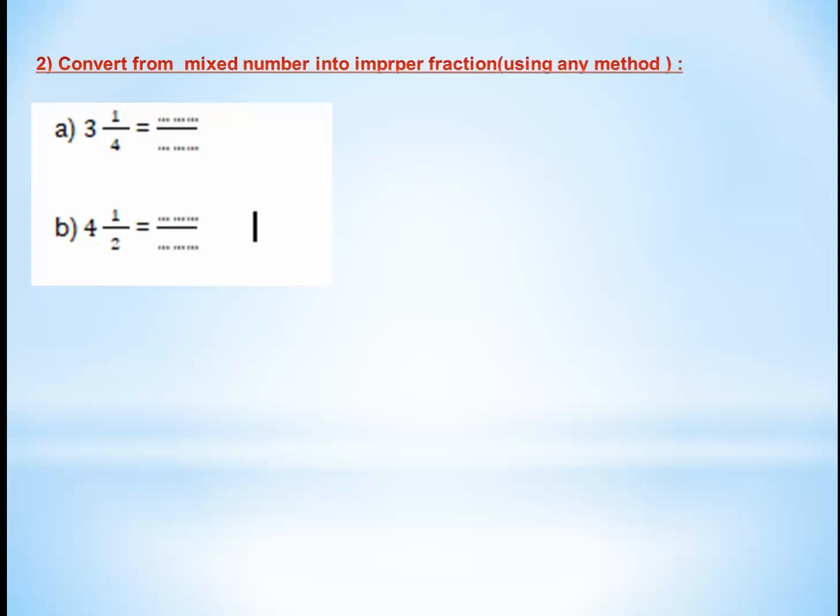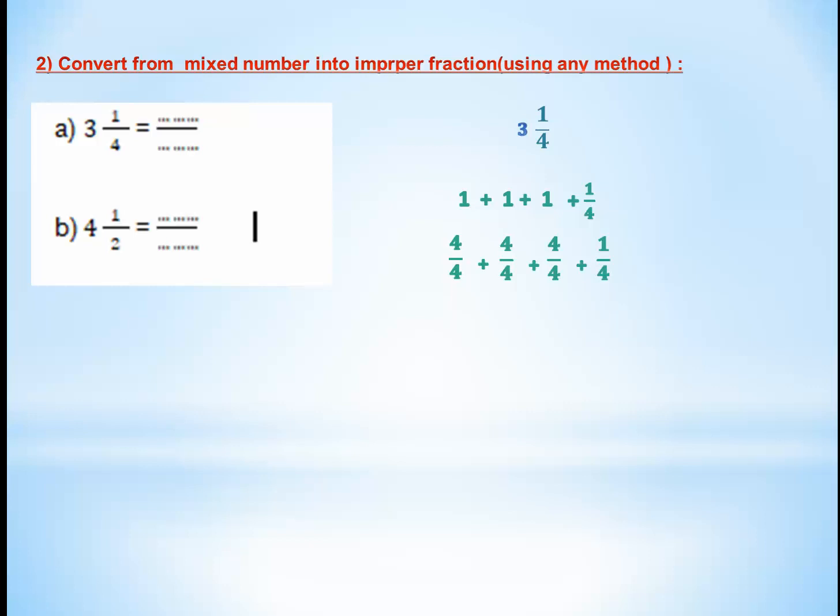Okay. Convert from mixed number into improper fraction using any method. Okay, 3 and 1 fourth. Let's use the first one. Decompose 3 into 1 plus 1 plus 1 plus 1 fourth. Each 1 represents 4 fourths, so 4 fourths plus 4 fourths plus 4 fourths plus 1 fourth.